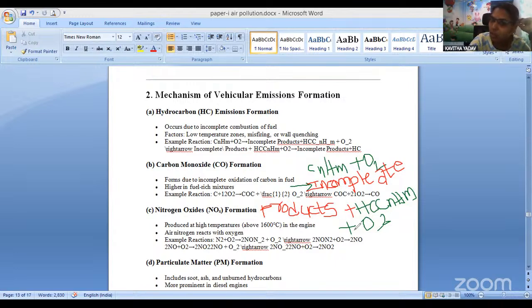Misfiring and wall quenching are also among the most important factors, favorable for hydrocarbon emission formation in the atmosphere. Reaction: CnHm plus O2 gives incomplete products plus HC. Once again, I want to explain this with the chemical reactions.